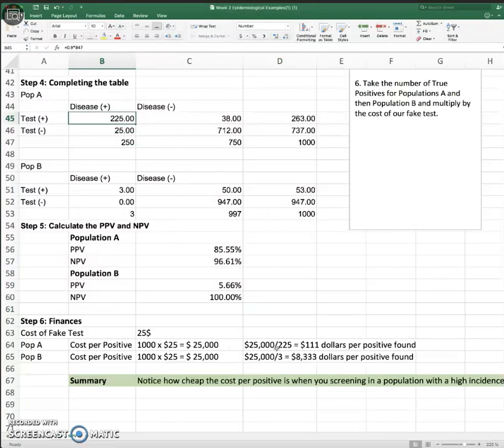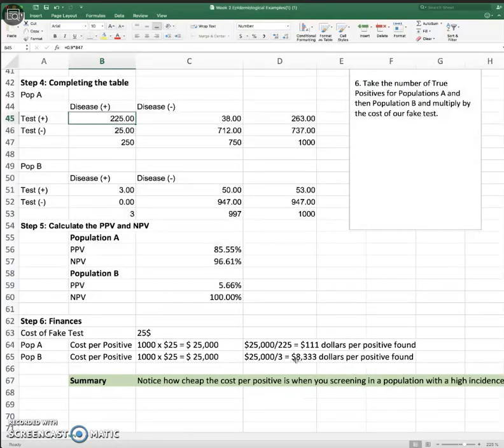So if you divide 25,000 by 225, you get $111 per case found. So it's cheaper because you screened and you found more. However, in this example, we only found 3 cases and we spent $25,000. So each positive case cost us approximately $8,333. So this is a tough choice that public health departments have to make.